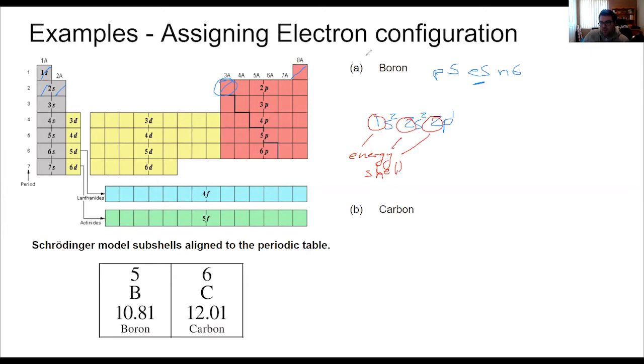Our letter codes are our subshells that are found in each of our shells. And each of these numbers here is our number of electrons in each subshell.